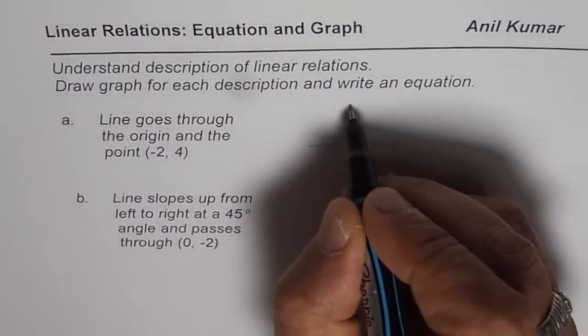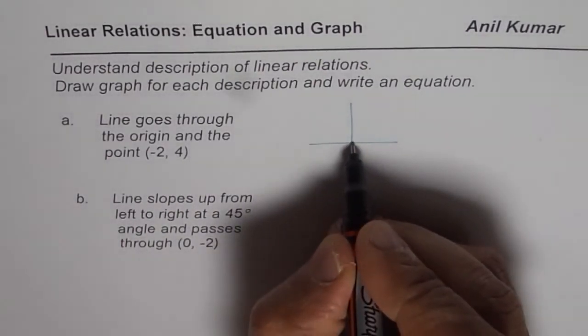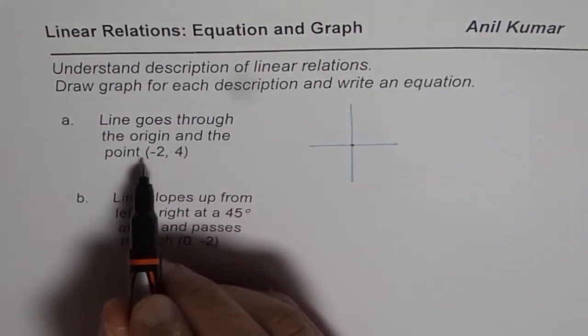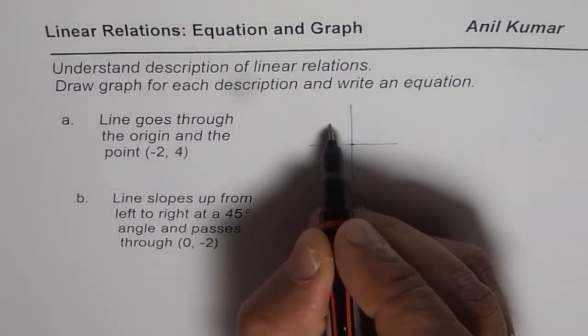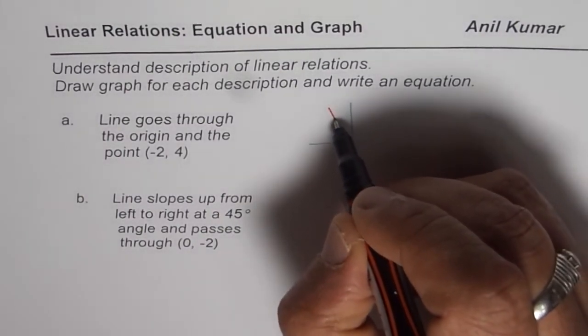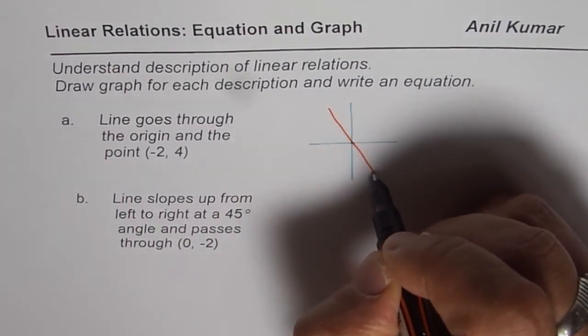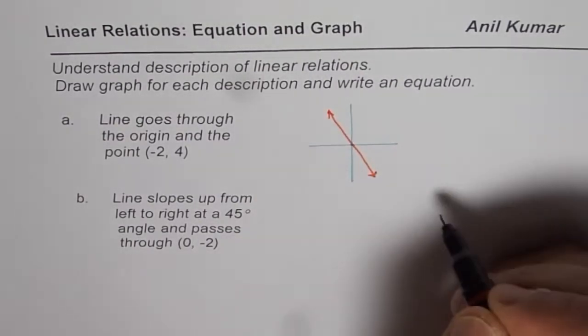Let us say that is the coordinate system for us. We are talking about a line which goes through the origin, that is this point, and the point -2, 4. -2 is the x value, y value is somewhere there, 4, right? So if I connect this point with the line and then extend it, we get a straight line.